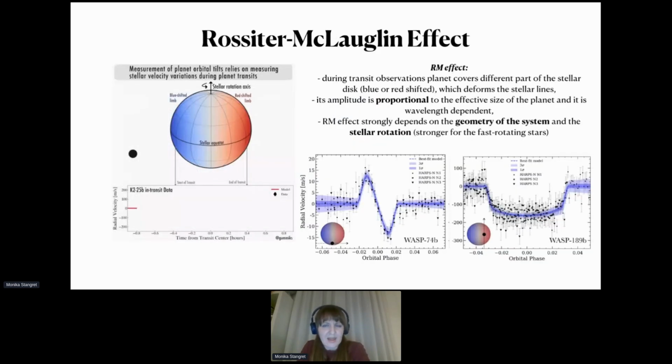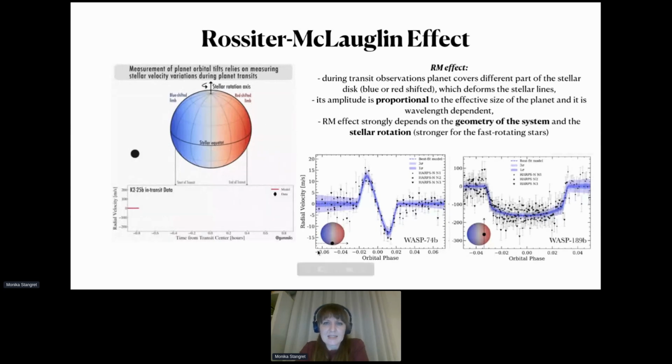One other effect that is really important to mention is the Rossiter-McLaughlin effect. We know that the star rotates, and because we are observing the spectrum, we are able to detect the changes when the planet crosses different regions, different limbs of the star, because one part is blue shifted, one is red shifted, as you can see here.